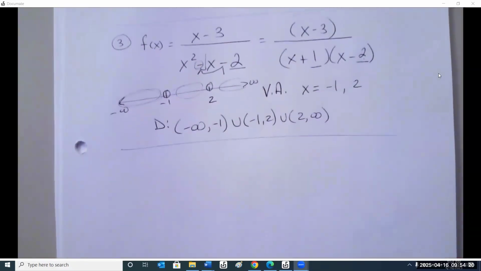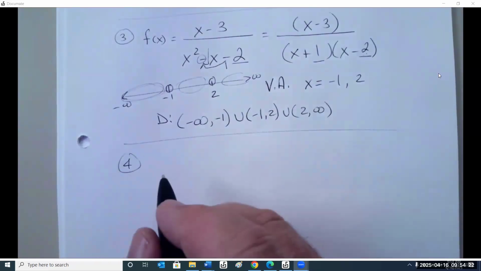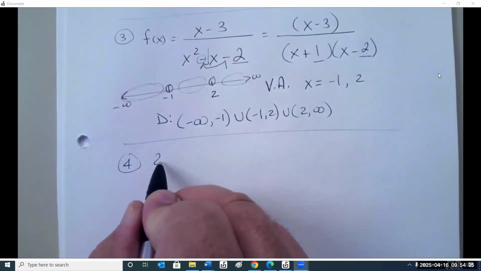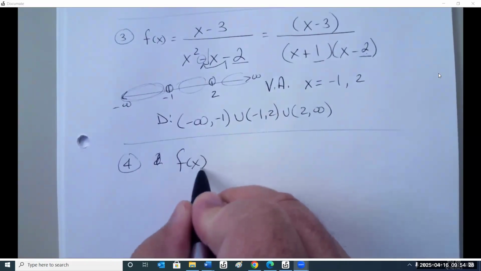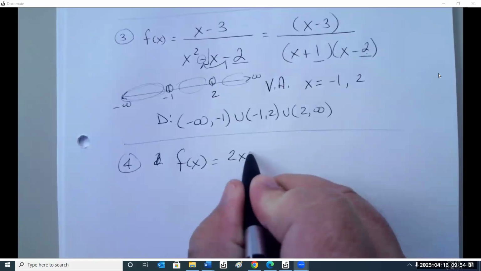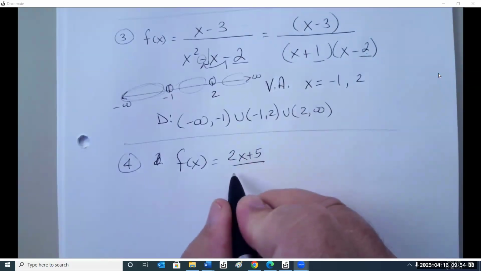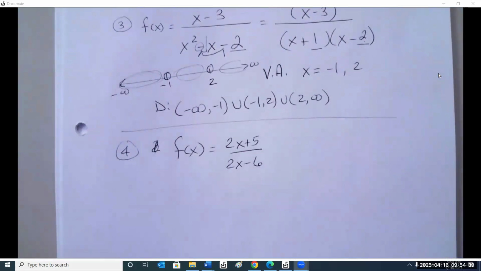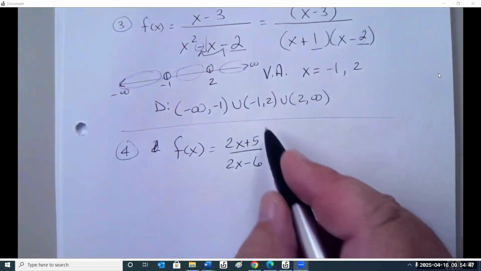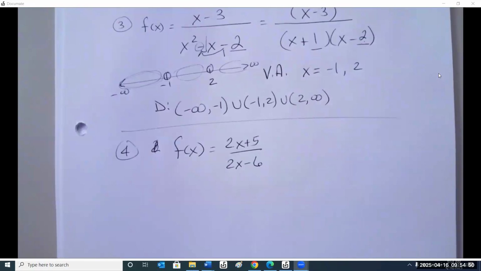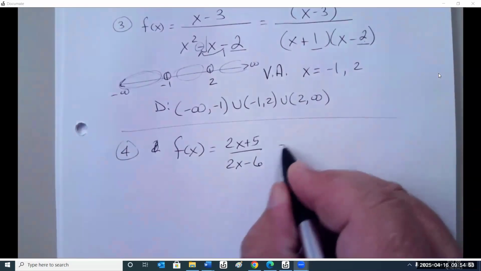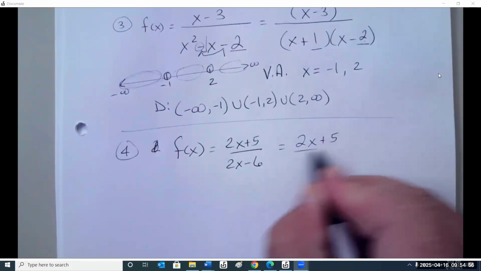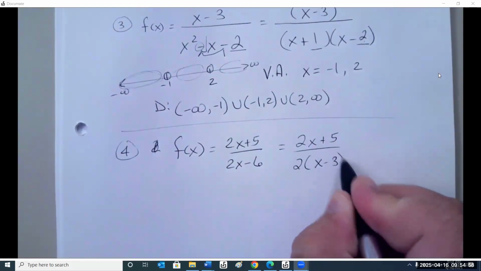Pretty easy so far. F of x is equal to 2x plus 5 over 2x minus 6. We have a fraction. Can you factor anything? Yeah, you're right. The only thing, but it's not going to cancel anything, but it makes it easier for us.